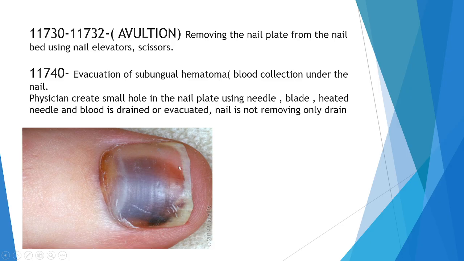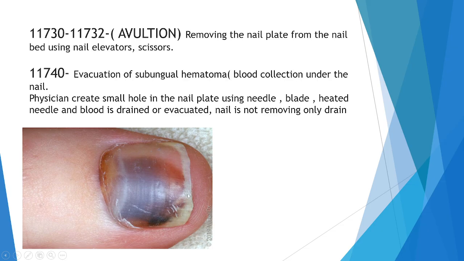Using the nail elevator or scissors, the physician will remove the nail plate. And evacuation of the subungual hematoma. Why evacuation of subungual hematoma? Because of the blood collection under the nail. So the physician will evacuate that.